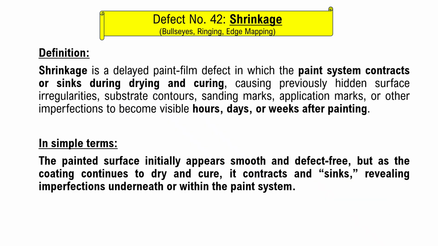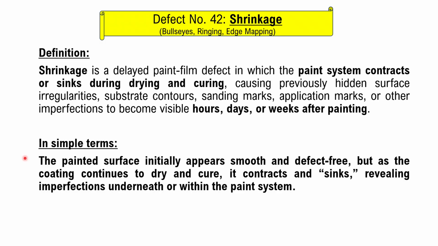Paint defect shrinkage is a delayed paint film defect in which the paint system contracts or sinks during drying and curing, causing previously hidden surface irregularities, substrate contours, sanding marks, application marks, or other imperfections to become visible hours, days, or weeks after painting.